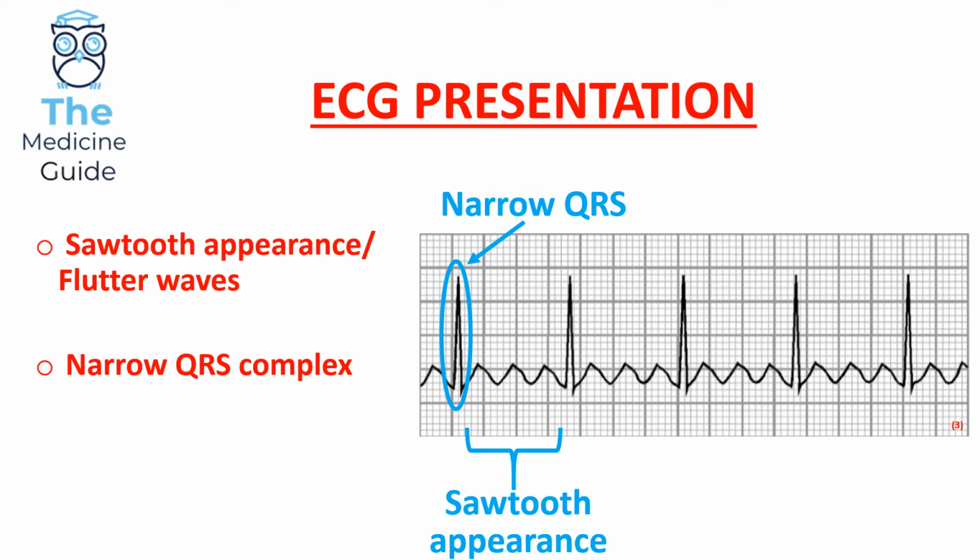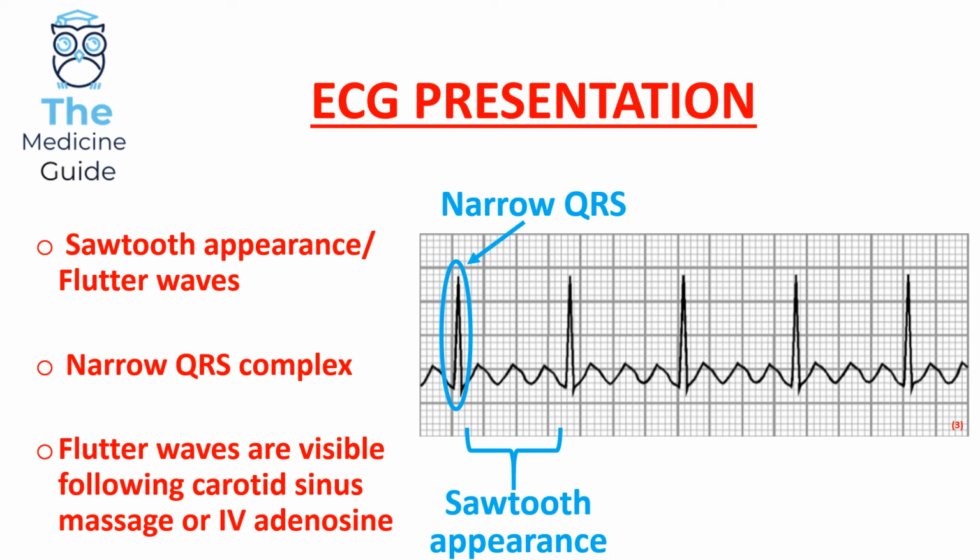So those are the two very classic features of atrial flutter on an ECG, and this ECG is something that they can quite easily throw into the knowledge paper exam, and also as part of your OSCE station if you have an OSCE station focusing on ECGs. Just be aware of these two key features, and hopefully you'll be in a better position for your exams.